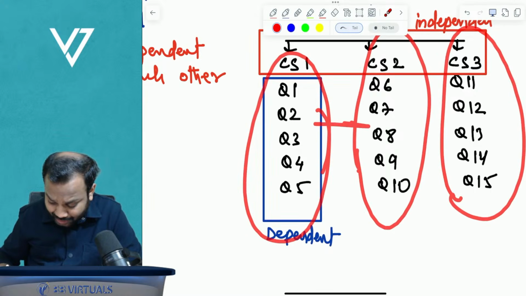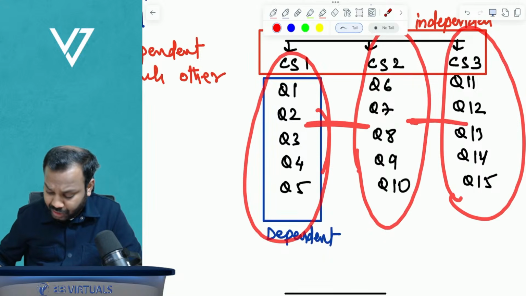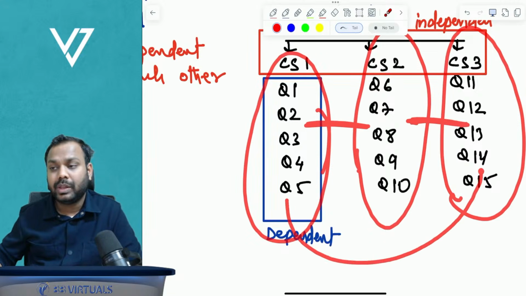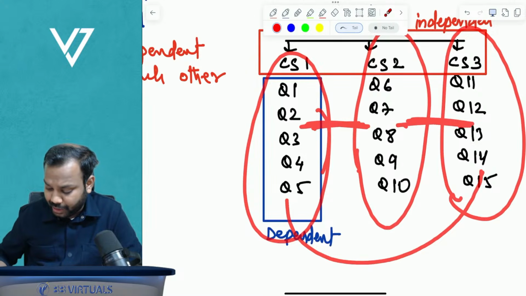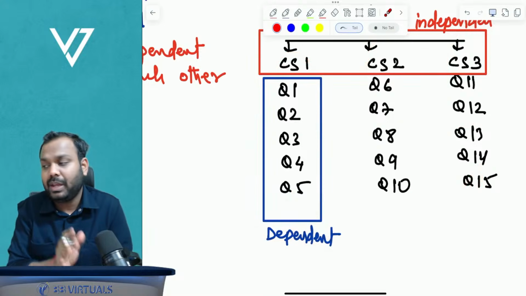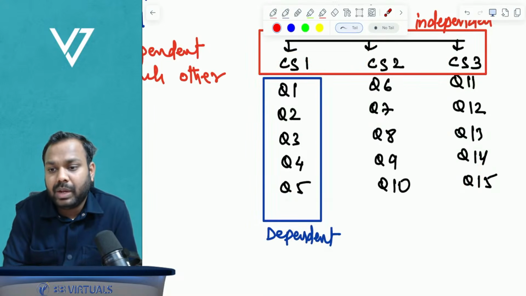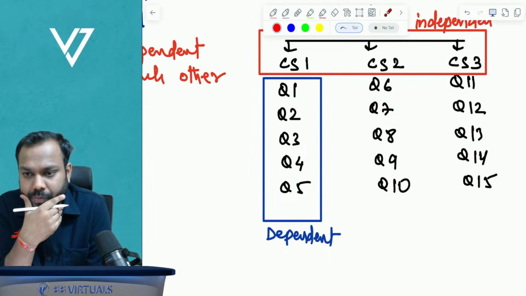But there is no interlinkage between these case scenarios. I believe you are understanding this point.